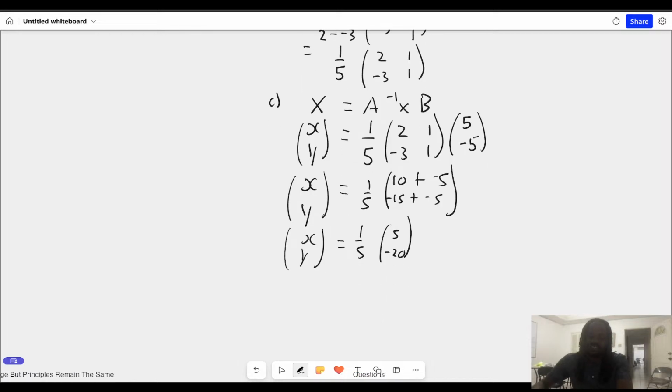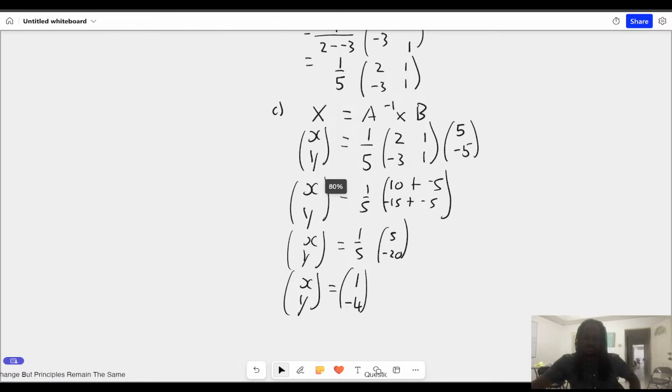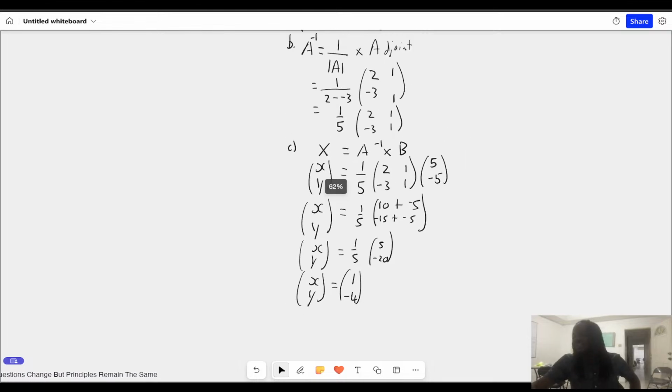And then to get the final answer, we divide by the denominator. So 5 into 5, that's 1. And negative 20 into 5, that's negative 4. And that's a lot of work.